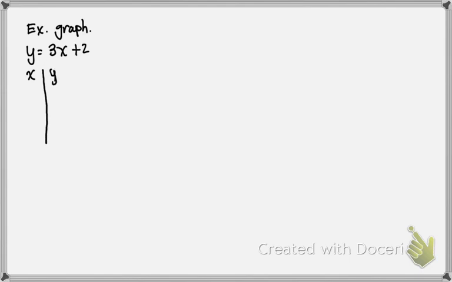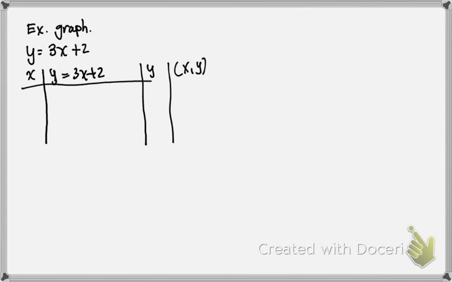You have a work column, outputs, and ordered pairs. So I would suggest you choose simple inputs, just positive ones, and then every time you see the x, you're going to substitute in your input and calculate out your output. So this gives me 0 plus 2, which equals 2.